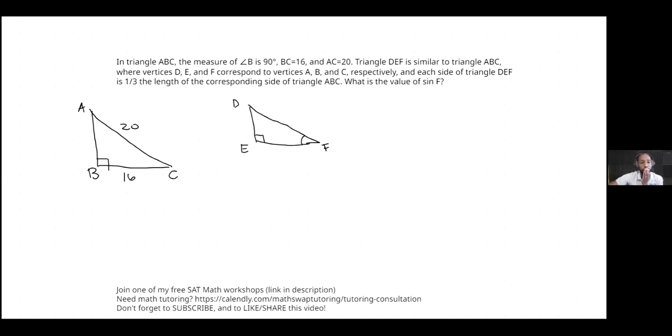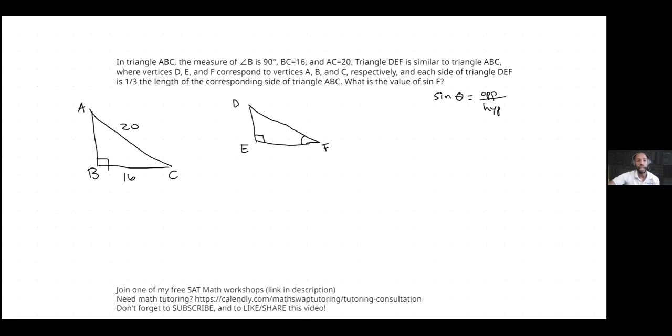First of all, if we want to find the sine of this angle, remember that the sine of an angle is the opposite side over the hypotenuse. They've told us what these side lengths are.